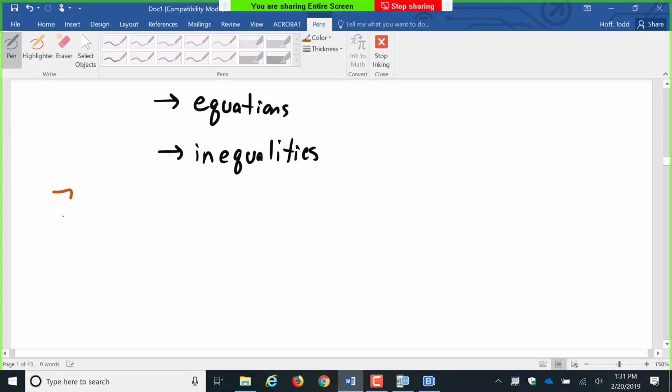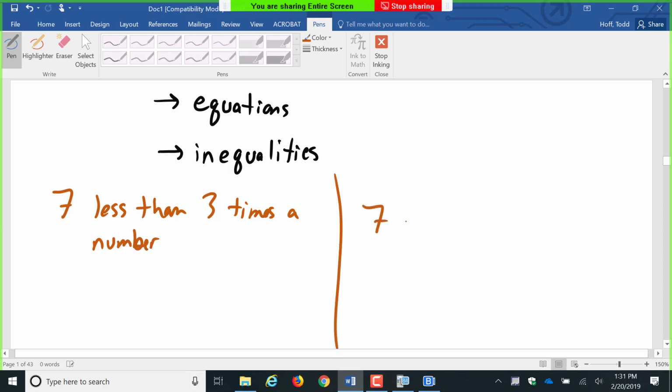Very subtle difference between 7 less than 3 times a number, and 7 is less than 3 times a number.